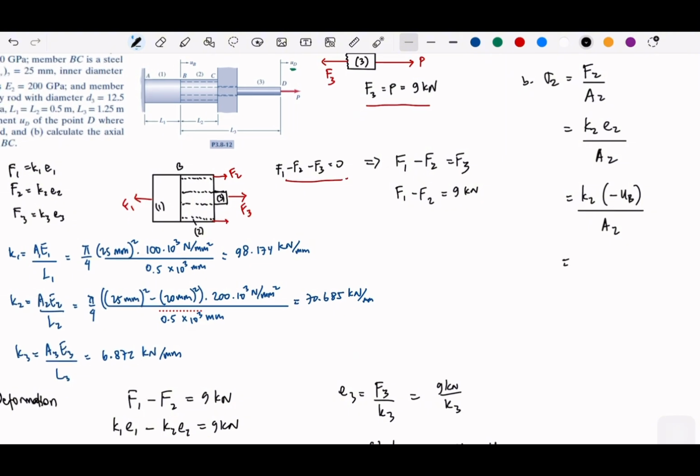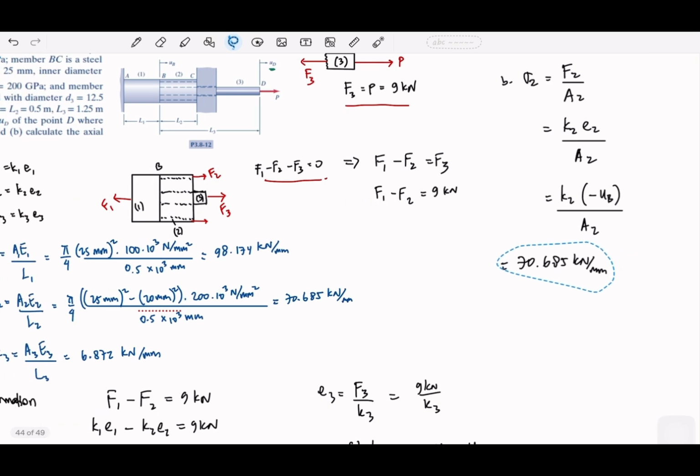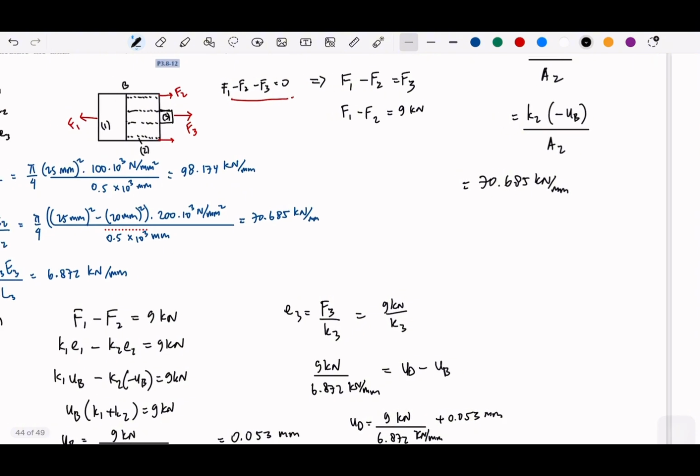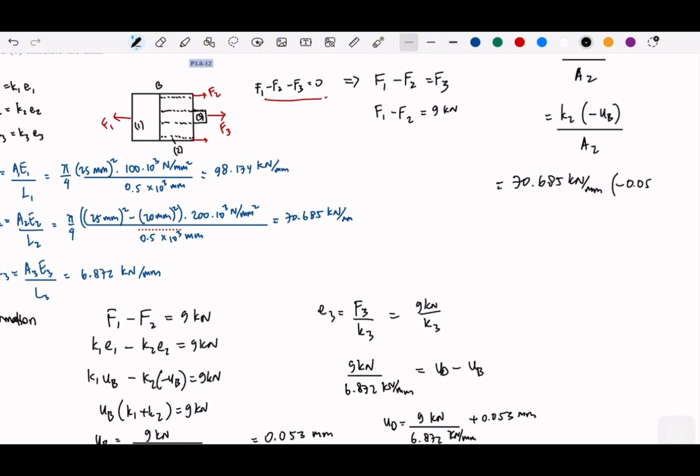K2 is 70.685, and the UB is 0.53. And then the area for 2 is pi over 4 times 25 millimeter squared minus 20 millimeter squared.